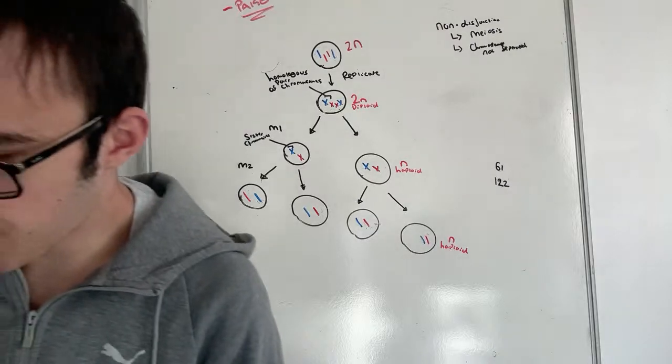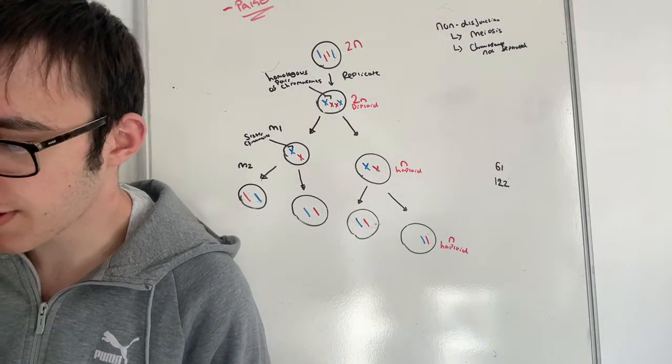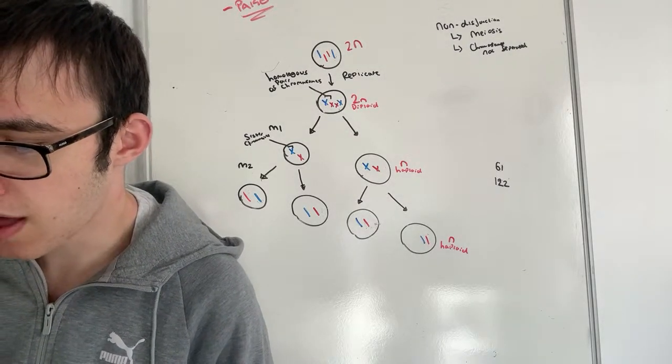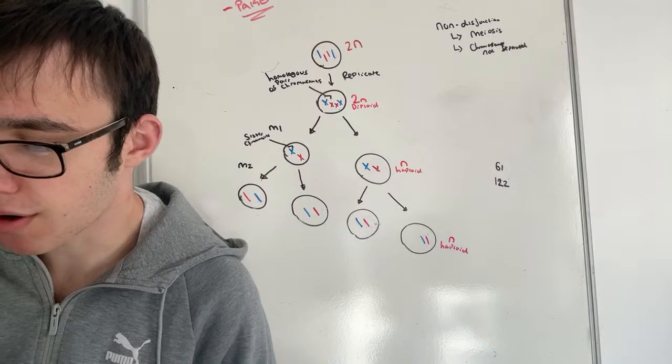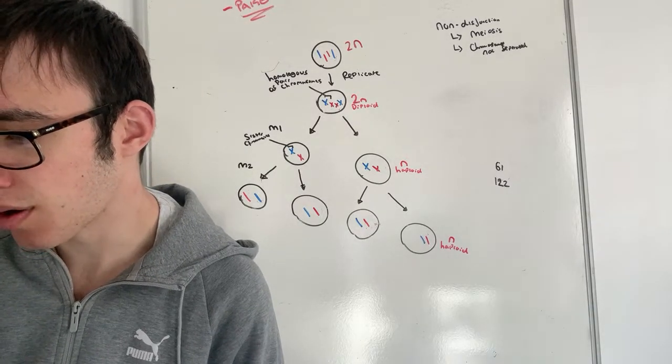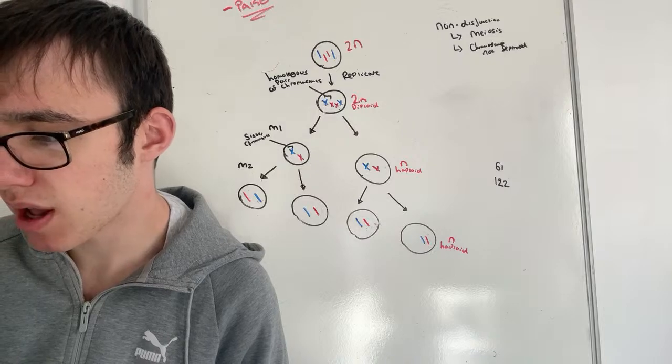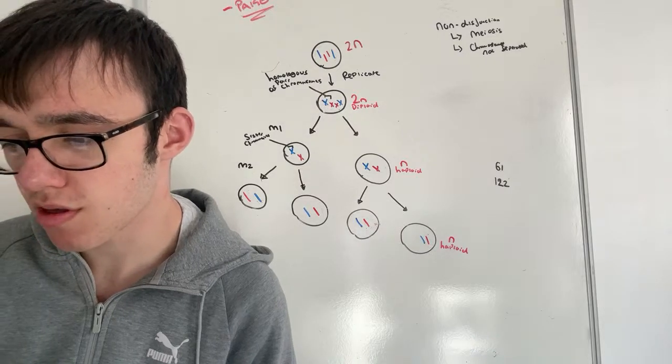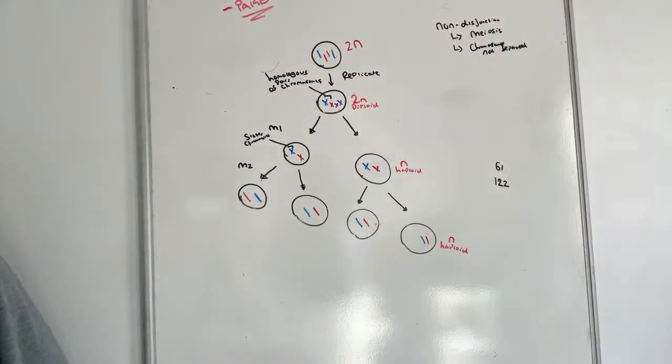Genetic variation within a species is increased during meiosis by crossing over and the independent segregation of homologous chromosomes. Apart from mutation, explain one other way genetic variation within a species is increased. How many marks? 2.